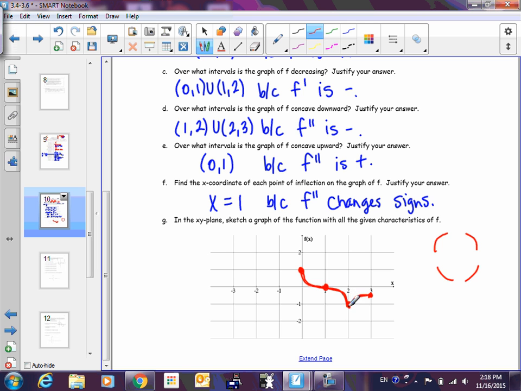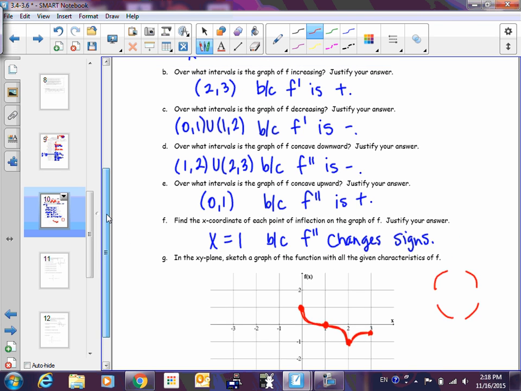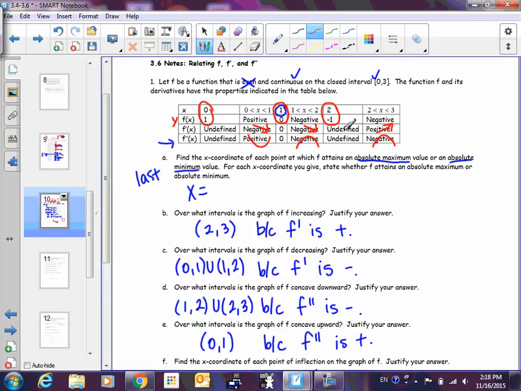So on that cusp though, what should f prime be? Undefined, right? And it was. That's why these were undefined right there. Okay, so it all is going to match up. If, after your graph, you look at the table and have something that doesn't match up, you need to fix it. You need to go back and say, okay, well, this either was a bad problem or I messed up.